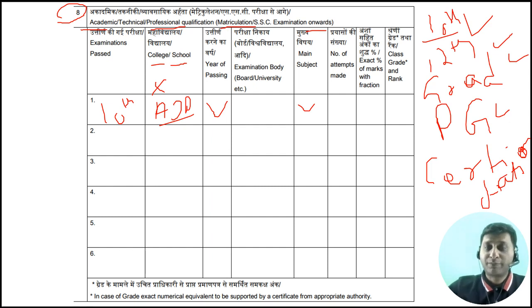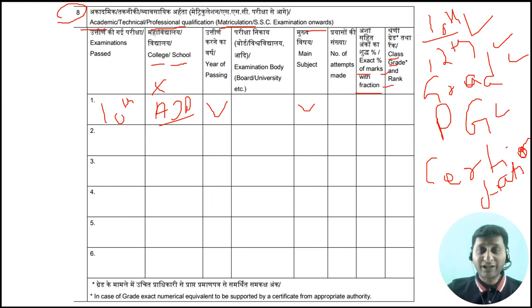Then exact percentage of marks with fraction. This is very important because many times we round off our marks. Say I have 78.4, I would write 78%. That is wrong. You have to mention up to 2 decimal points, say 78.40, 78.42, like that. And then class grade and rank. If you are given any class grade, CGPA or rank, you can mention it here.